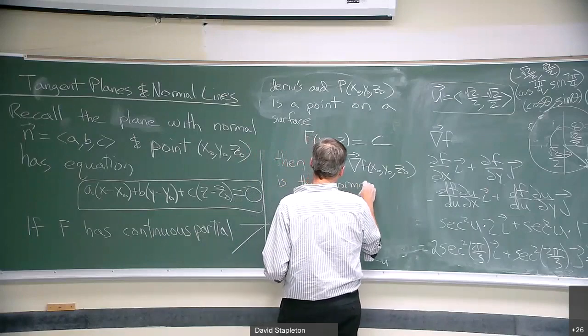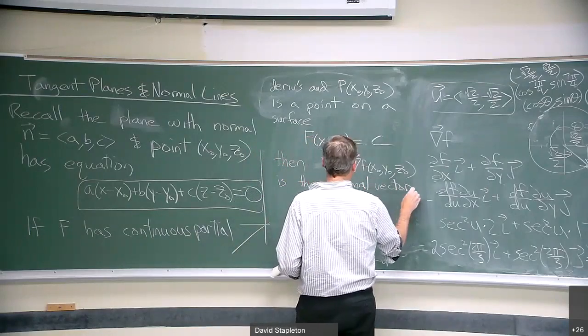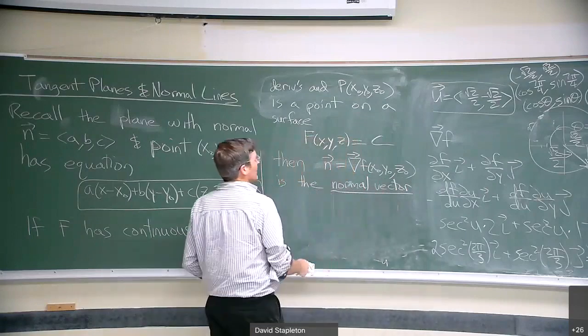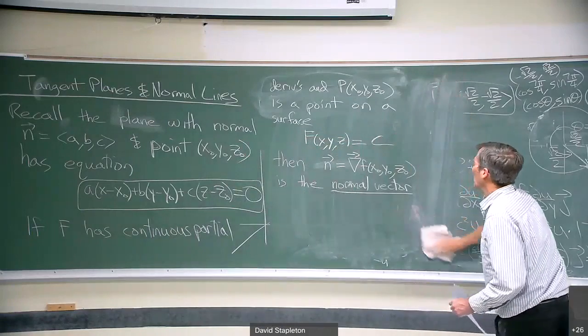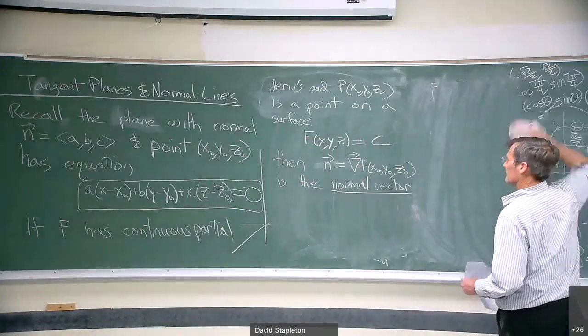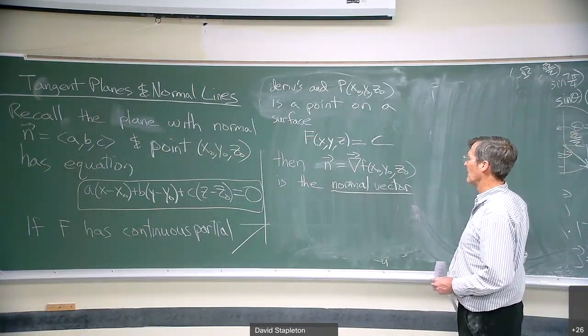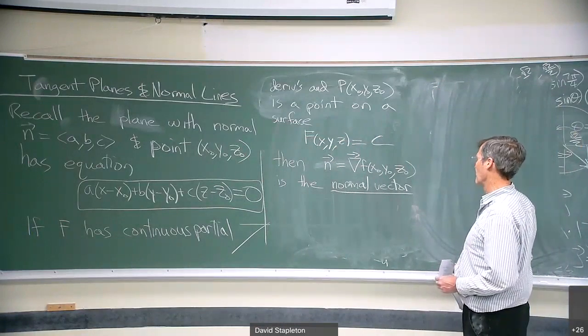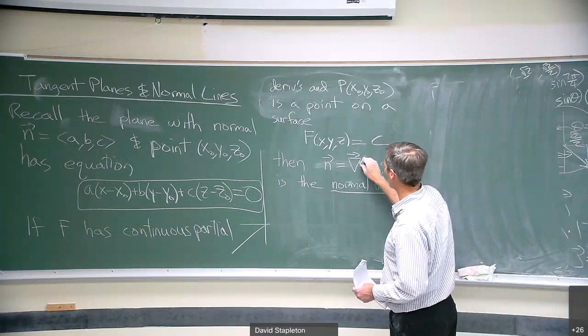It's just defined this way for a good reason. And what immediately is a normal line? This is capital F, just to follow the notation, sorry.